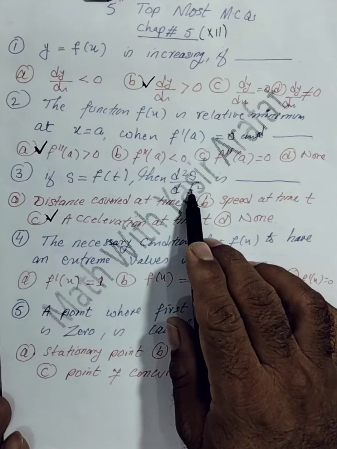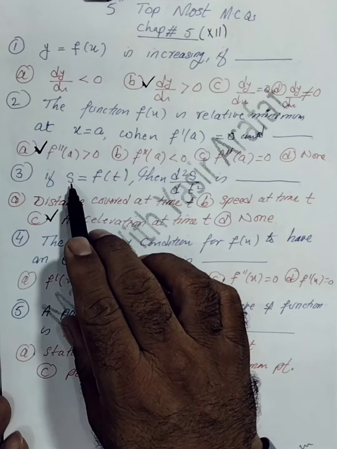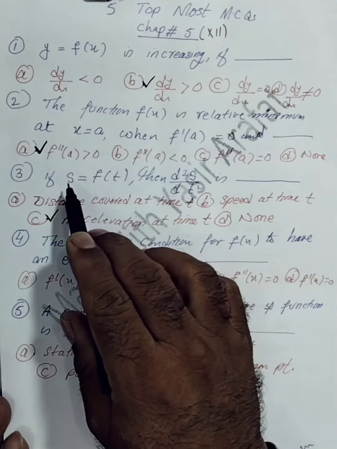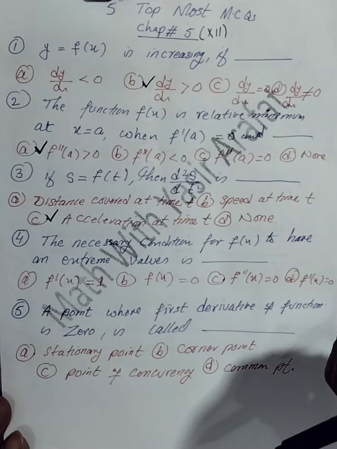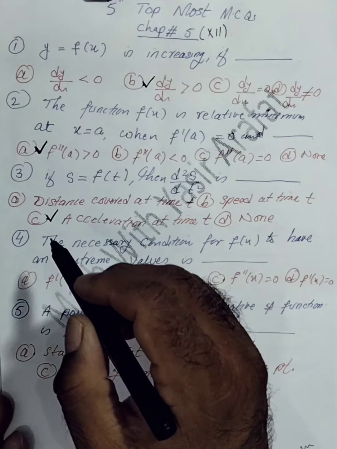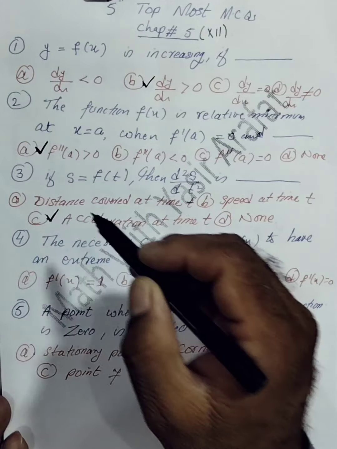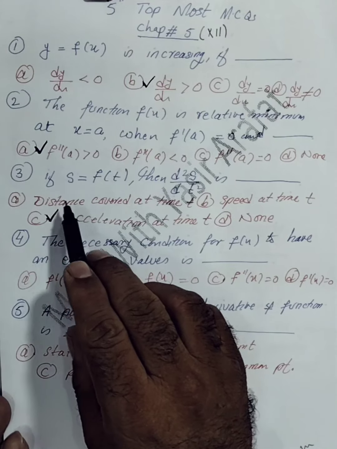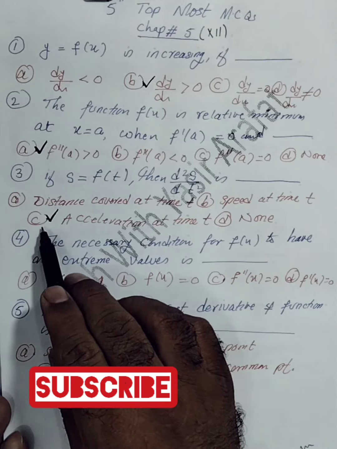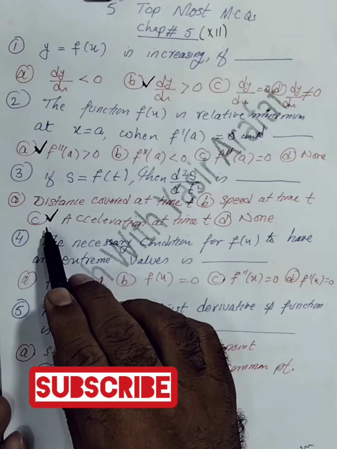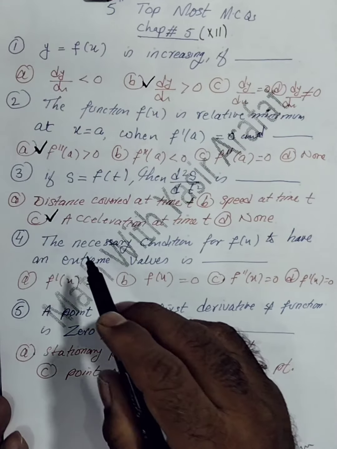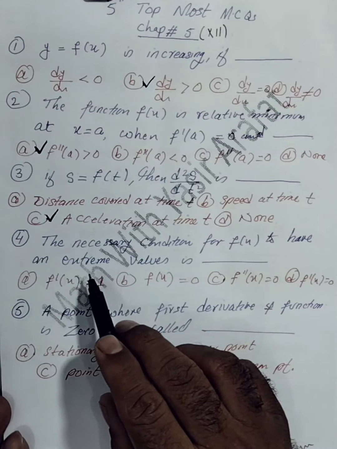When we have to find the derivative with respect to t, then it becomes the velocity, and then if we have to find out the second derivative, then velocity becomes the acceleration there. So the double derivative, C option will be correct here. It is the acceleration at time t. Now come to the fourth MCQs.